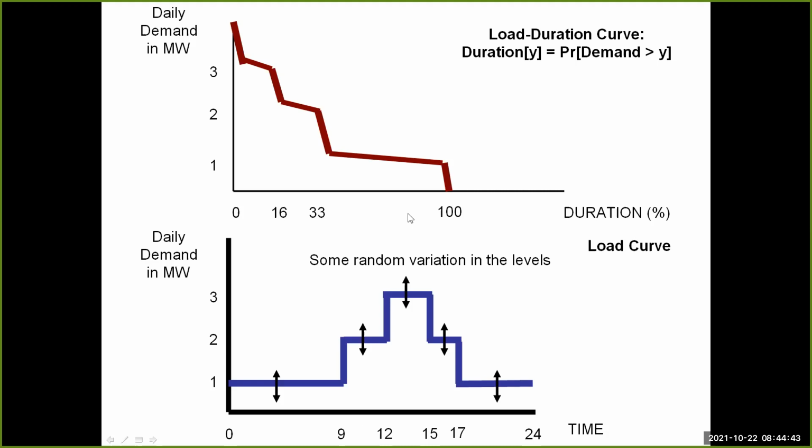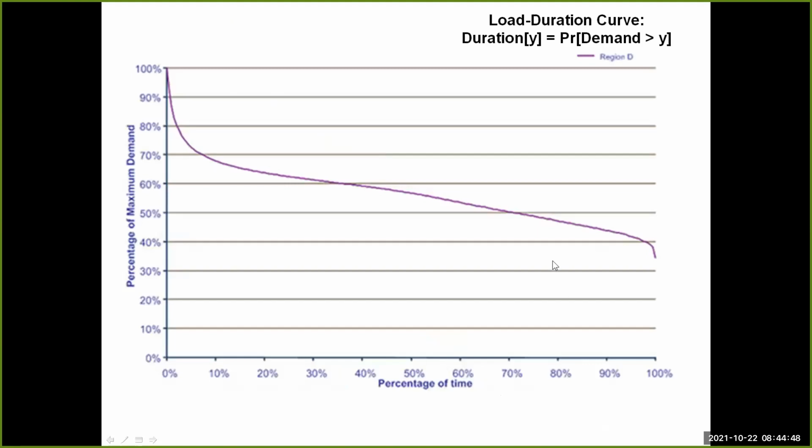And the more random variation you add to it, the more you get a smooth kind of formula. You basically can end up with something like this, and this happens to be a real load duration curve. I think this is from one of the electricity systems in Australia. Okay, now this is a nice load duration curve. Quite realistic. So we see it's downward sloping, first very steep, and then almost linearly, and then becoming a little bit steeper here, and then jumping down here.